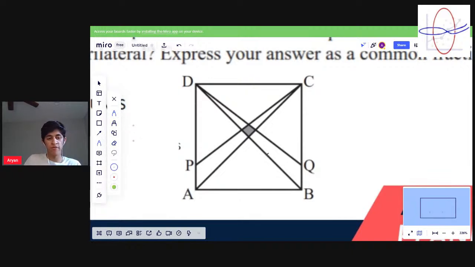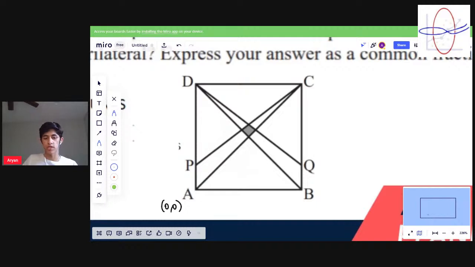We want to think of a strategic place to place the origin, because everything is based off of the origin. I like to put it at A, because this is our bottom left corner, and everything else in the diagram is up and to the right. That means all of our coordinates will be positive.